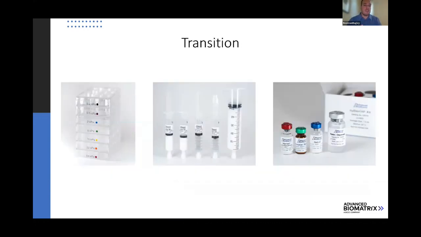But then over the years, we also started getting requests of, hey, our plastic dishes are too rigid. Can you have some soft substrates? And we created the Cytosoft line. We got requests for, hey, collagen typically makes really, really soft hydrogels, it's syneresis. Can you create something that can be bioprinted with an extrusion printer? So we created these bioinks. And we got requests for different types of ECMs, fibronectin, vitronectin.